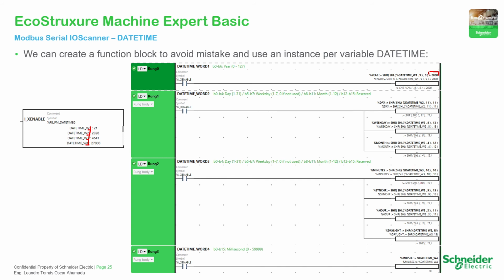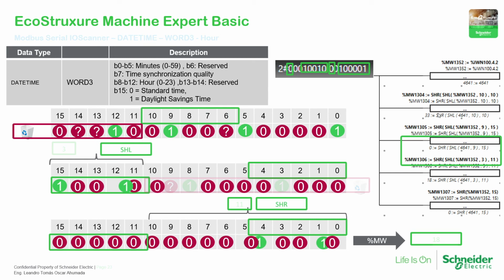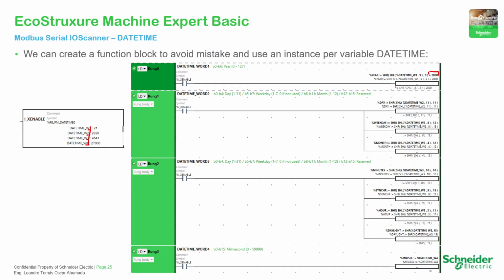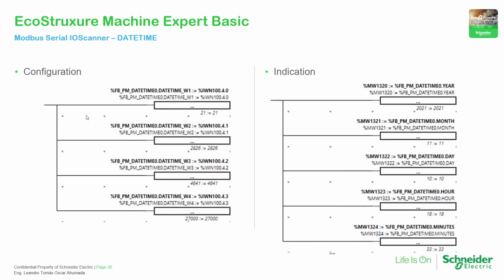So this is how you can work. This is the same analysis as we saw before in each step, but instead of using %IW variables directly, I use the parameters that come with the function block that I created. If you want to use this in the configuration, you just need to call the instance, the number of the instance, and then the parameters 1, 2, 3, and 4, and assign the variables that come from the power meter.